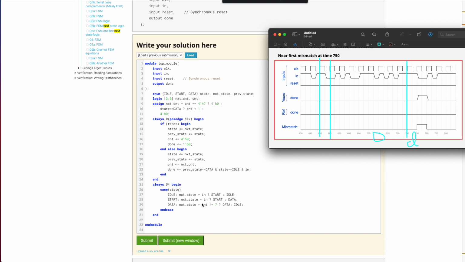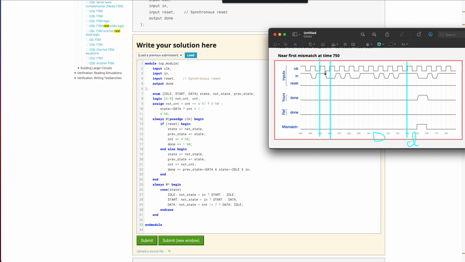And this isn't 0. Here it's saying there are 2 entry points of data, which is data to data and start to data, but because this in is clearly a 1 here, we can't go to data.